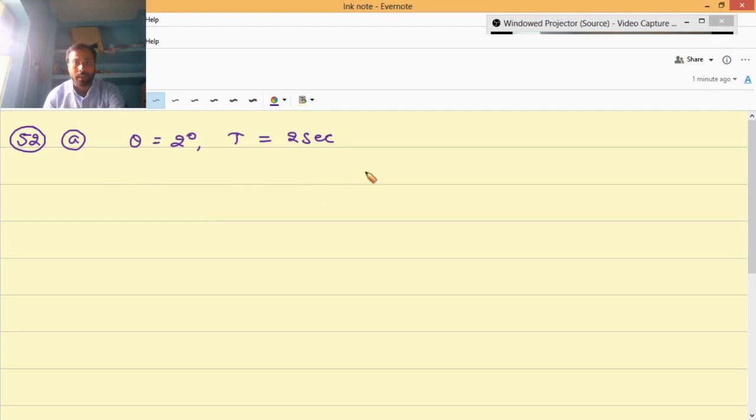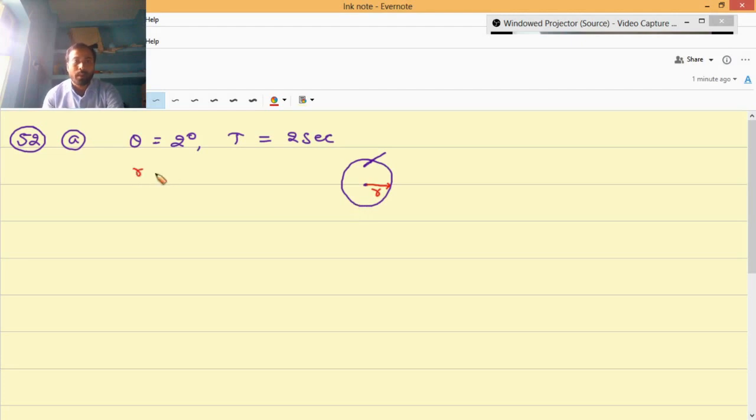To understand this with the help of a picture, we will draw a circular wire, suspended with the help of a nail at this point. If this is the point of suspension, we can consider this as the radius of the circular wire.